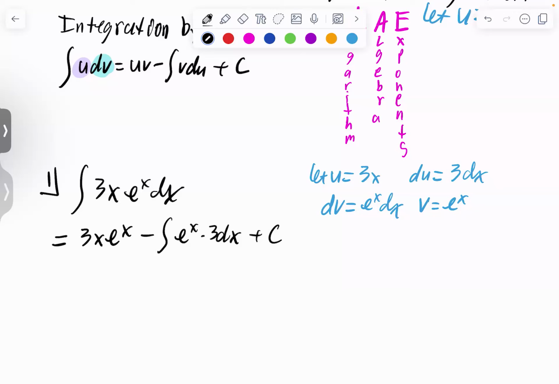And I'm hoping that this has made my integral easier. And it actually has. I'm going to pull that 3 out. Now the only integral I have in here is the integral of e to the x, which I know is a very easy one.